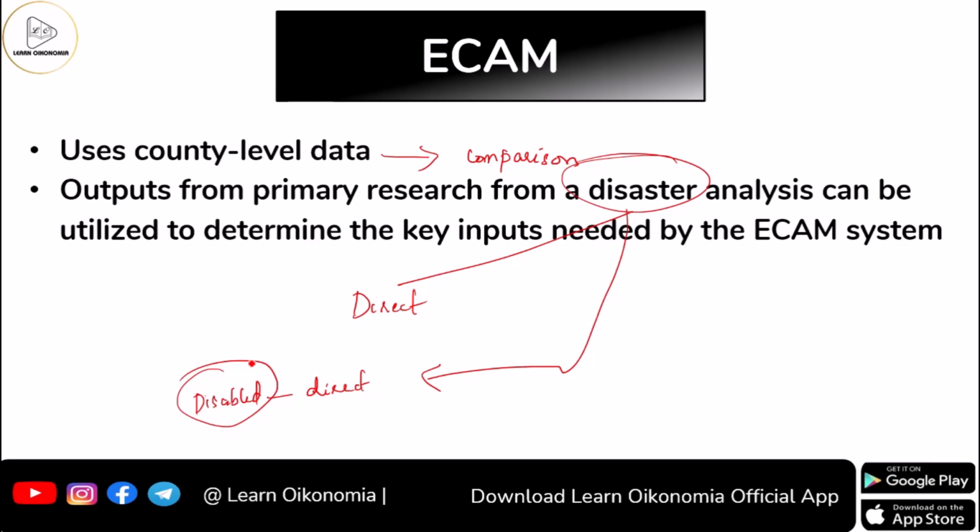So when we go for a disaster analysis, what we can do is go for primary research. Primary research means you will be collecting data. You collect data from the field, and this is used as the main input, and using such inputs we can run the ECAM system or ECAM modeling.